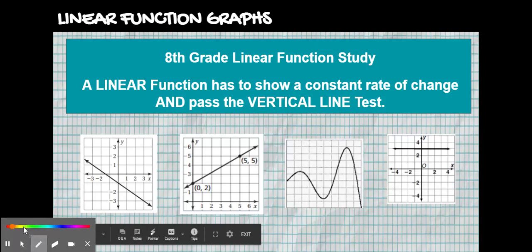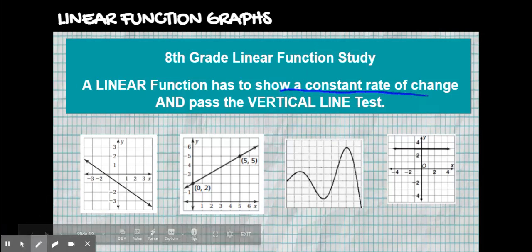To be a linear function, you need to make sure that you have a constant rate of change. That means as x is increasing, y is either increasing or decreasing at a constant rate. So from your study in science, a constant rate of change should help you understand what we're looking for.